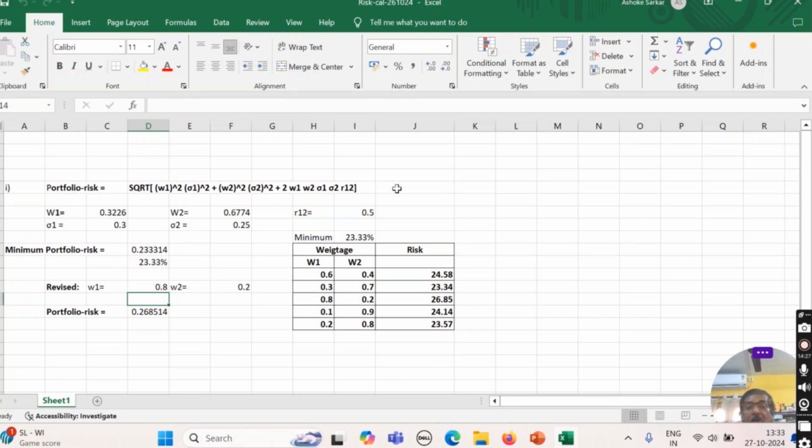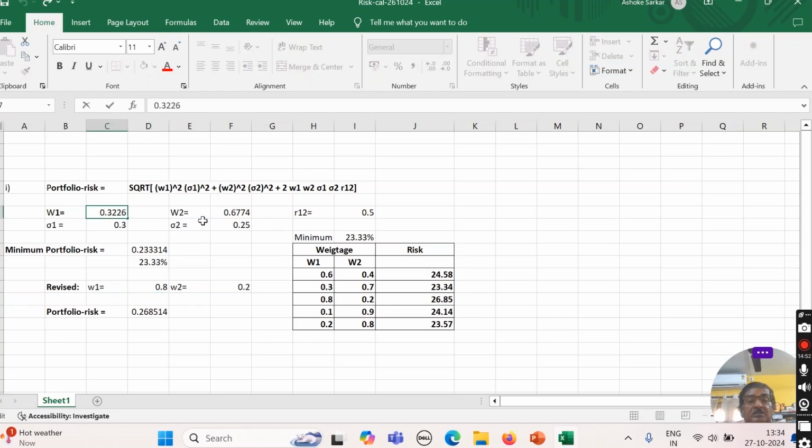This is the portfolio formula: square root of W1 squared sigma 1 squared plus W2 squared sigma 2 squared, and so on. This is the general formula for portfolio risk, and this is the weightage for which I have already shown you the calculation.